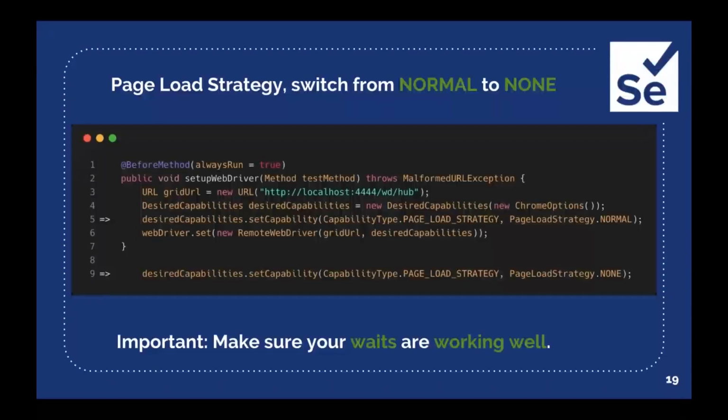And if we switch that to page load strategy none, then the test will try to start interacting with the page as soon as it starts loading. But there is something you have to be careful of: you need to have very good explicit waits. You have to check them and tune them in a way that they're looking for the element that you need before continuing to the next step.